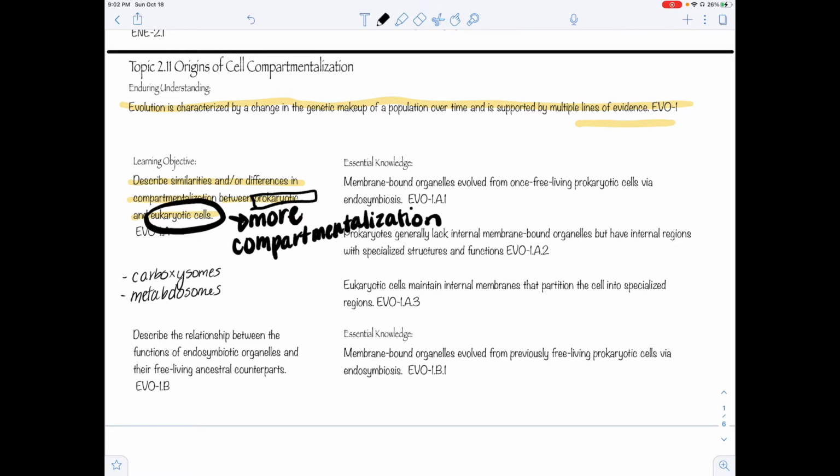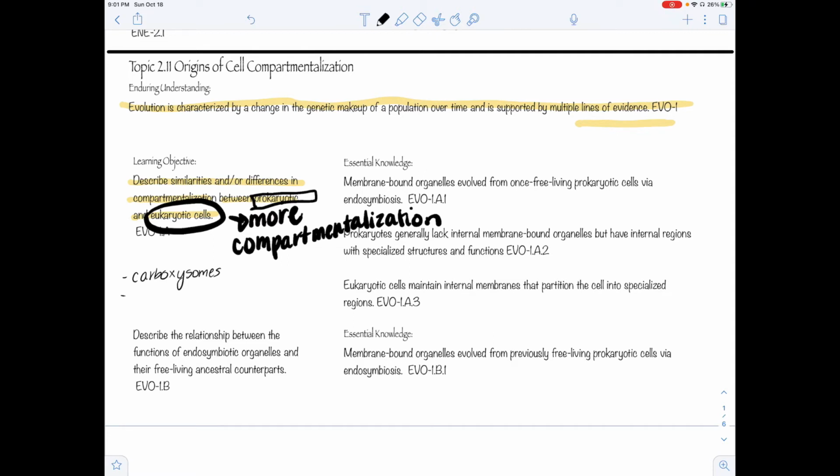Okay, so when they started looking into that, they noticed that there are bacterial microcompartments within our prokaryotic cells. And mostly these microcompartments or this compartmentalization is going to be within our protein or a lipid layer, but there is some compartmentalization in prokaryotic cells.